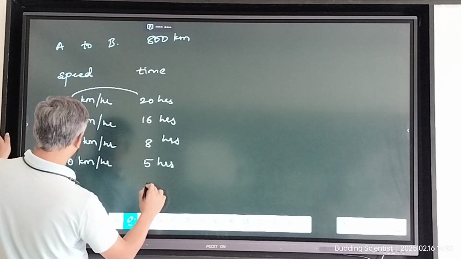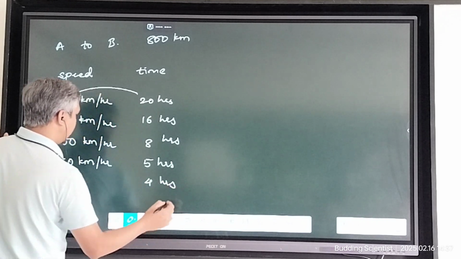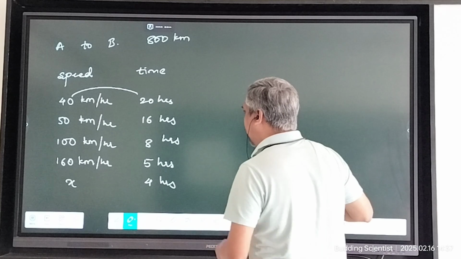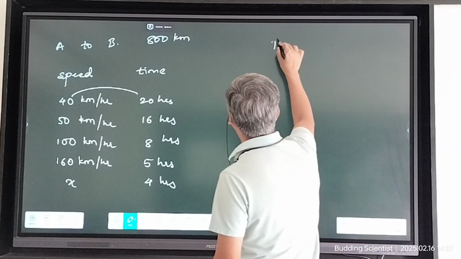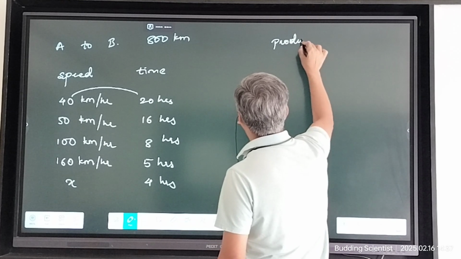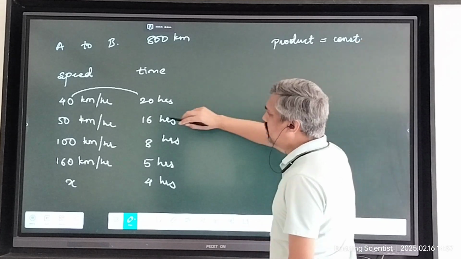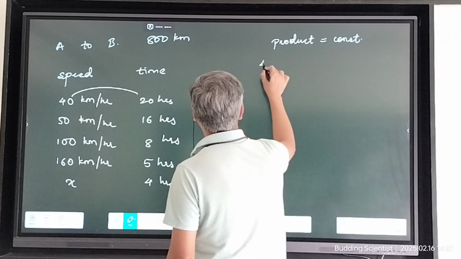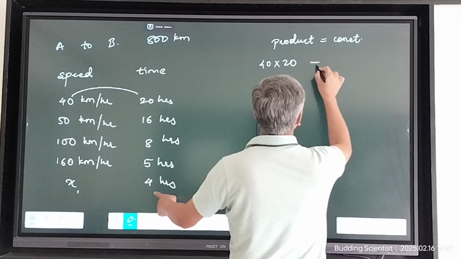Now what can be asked is, what will be the speed, let's say speed is x, when the amount of time taken would be 4 hours. So if you want to travel the entire distance of 800 km in 4 hours, the product is constant. So what is the product in the first case? 40 into 20 will be the product in the last case as well, is equal to x into 4.